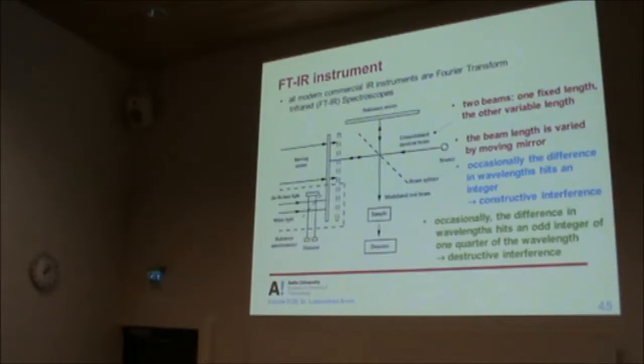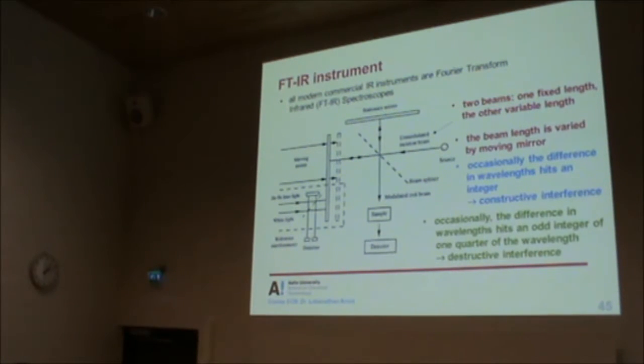The computer notes the precise position of this mirror at every time it's in motion, and it knows the different intensities the source is producing. Depending on the path length, it knows the expected resultant interference intensity.